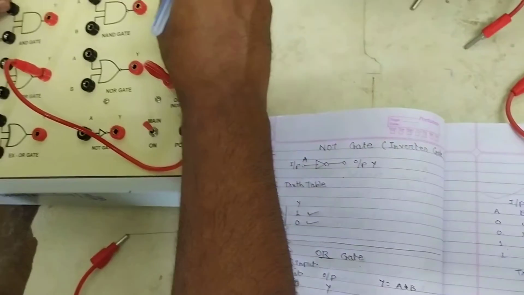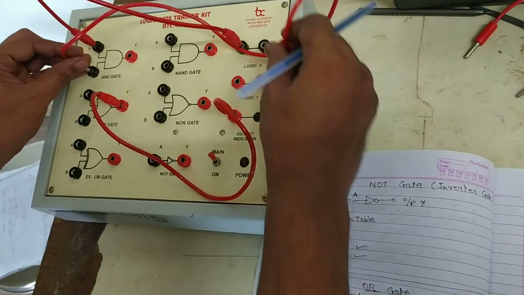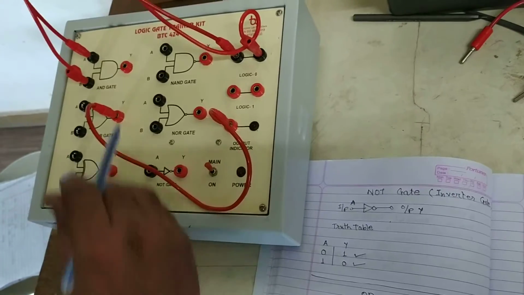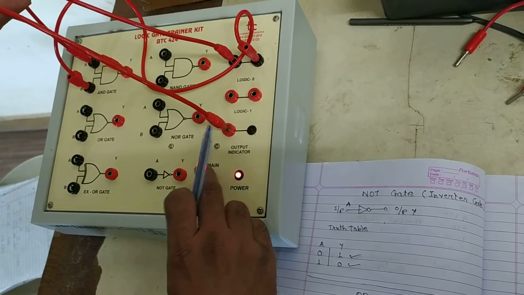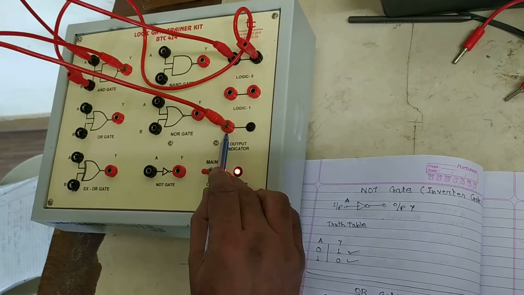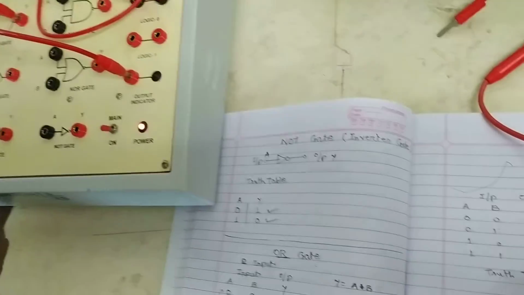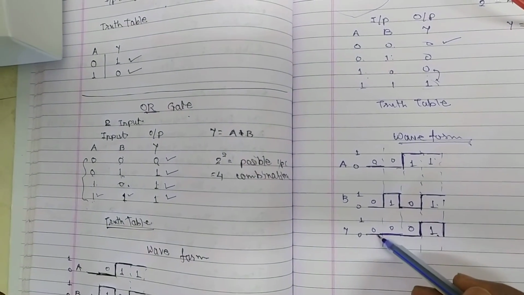So A is connected to 0, similarly B is also connected to 0. And its output Y, you can see here when I am switching it on, the output LED is off, means it is 0. So you can verify, 0, 0 and output is 0.